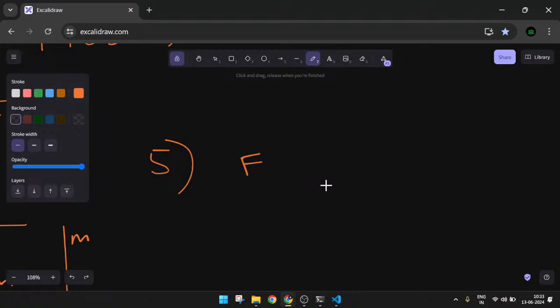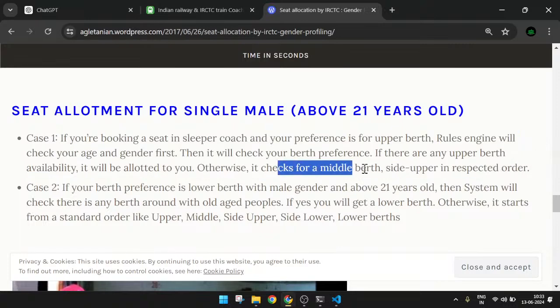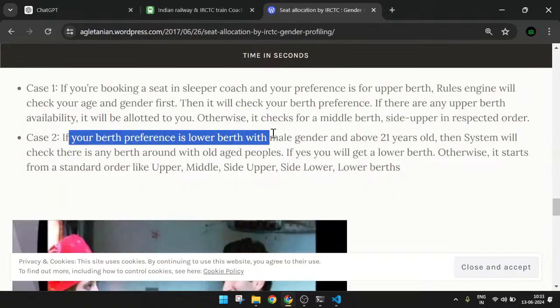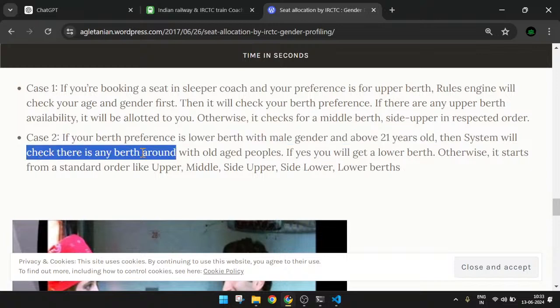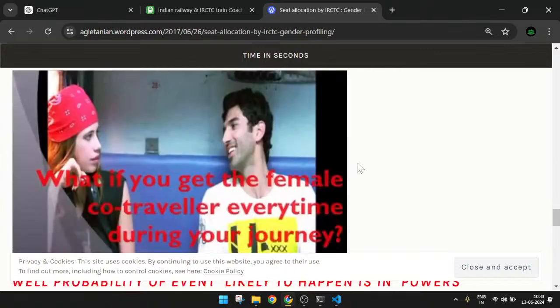The algorithm is weird and has a lot of conditions. What if you get a female co-traveler during your journey?